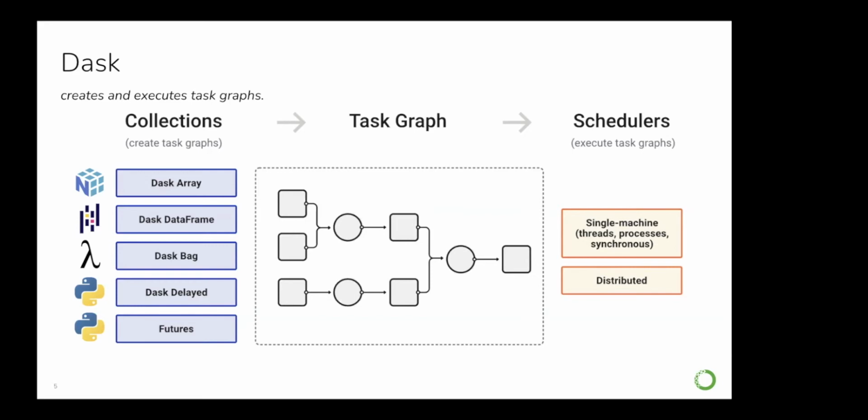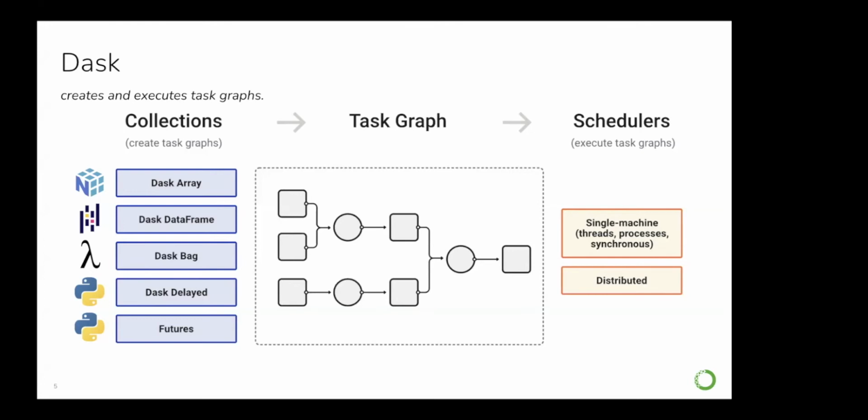There's also Dask bag, which is the functional programming, map-reduce paradigm on Python iterators. Then there's Dask delayed, which is a way to take any generic Python code and turn it into something that can be lazily evaluated with Dask as an engine. And there's also Python futures support in Dask.